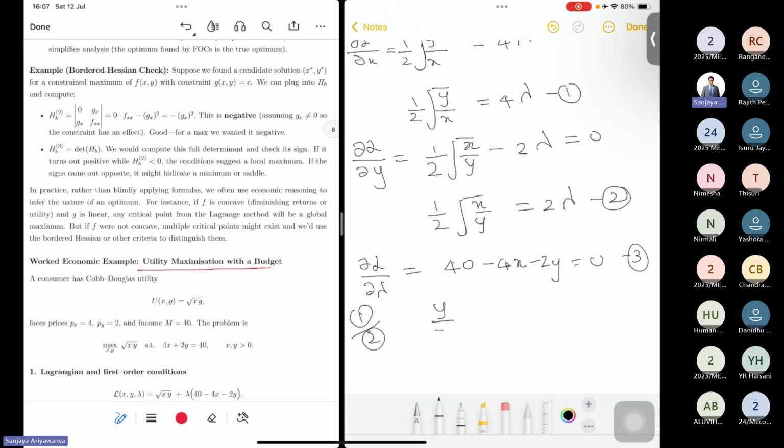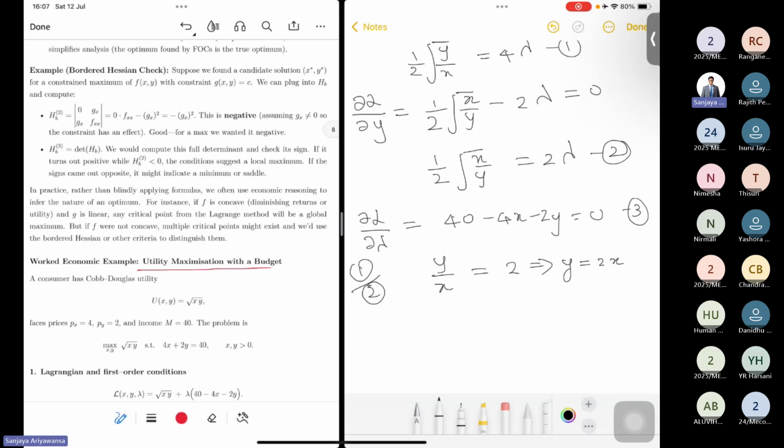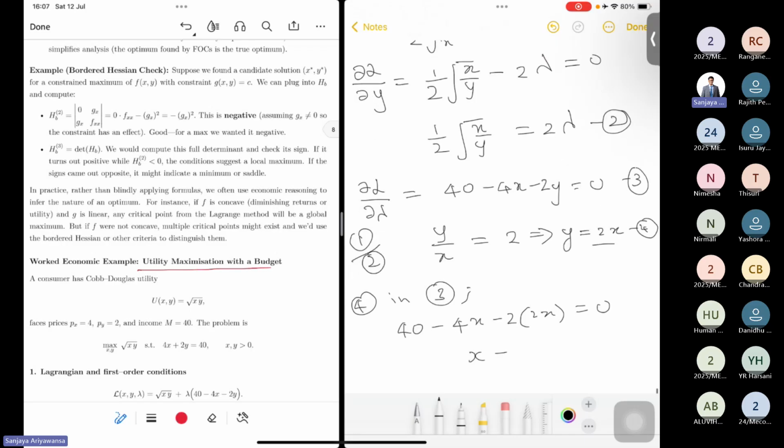Now from the first and second equations, if I simply divide the first by the second, I get y over x equals 2, from which I get y equals 2x. By substituting my fourth equation in my third equation, I get 40 minus 4x minus 2 times 2x equals 0. So from this equation, I get x star as 5.